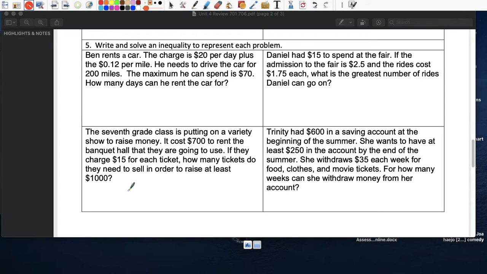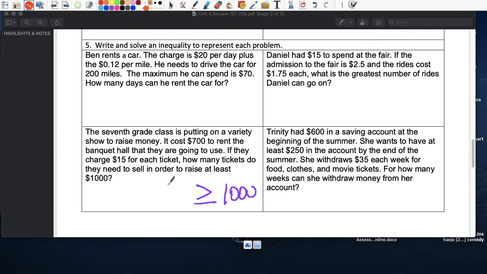Actually, this question here, to raise at least $1,000, is this, right? So they have to sell a number of tickets. If you add all the money they collect from selling the tickets, it has to be greater than $1,000.